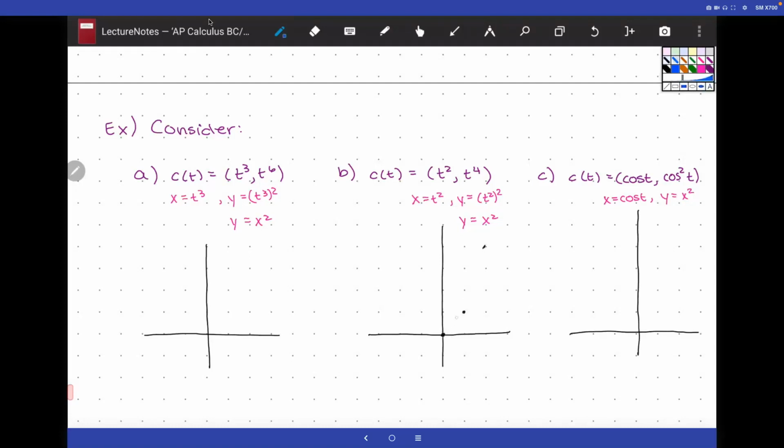What about the direction? Because there's no restriction on t, starting at very far negative numbers, going to 0, becoming more positive, what's the direction that this particle is going to take? You go down the parabola and back up. Exactly.